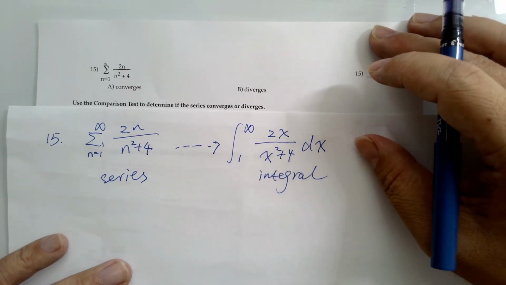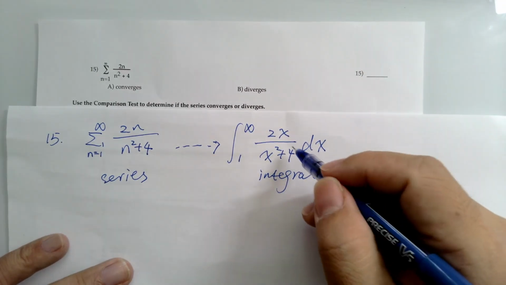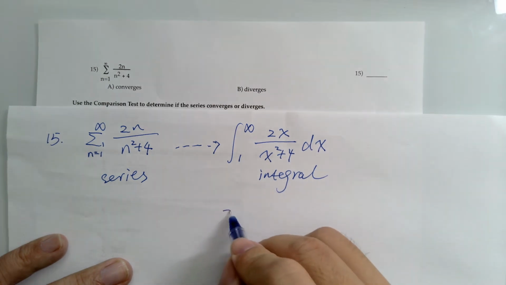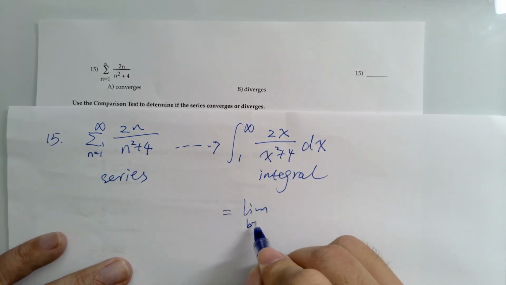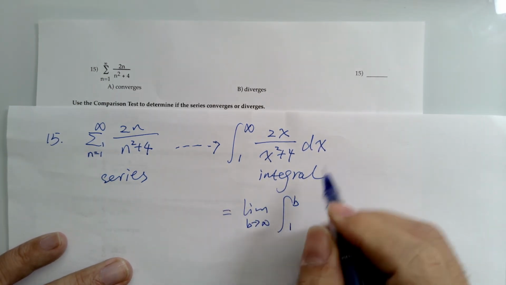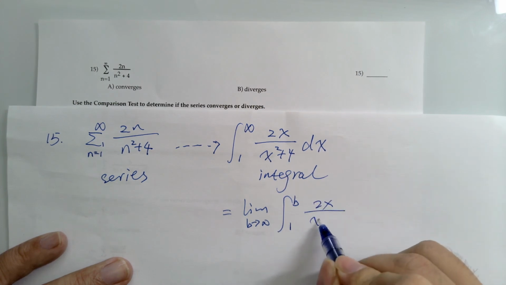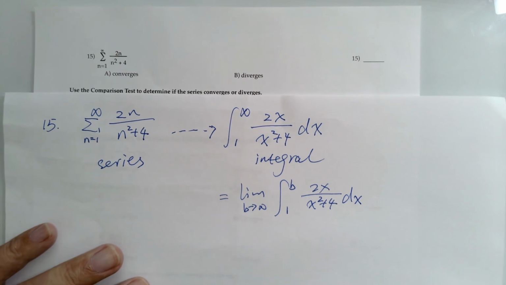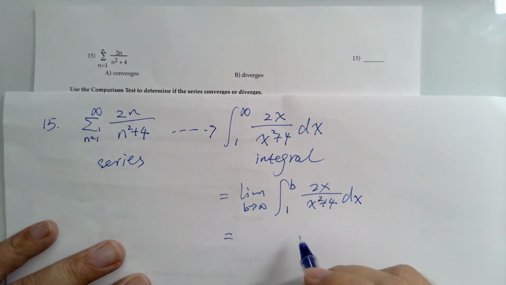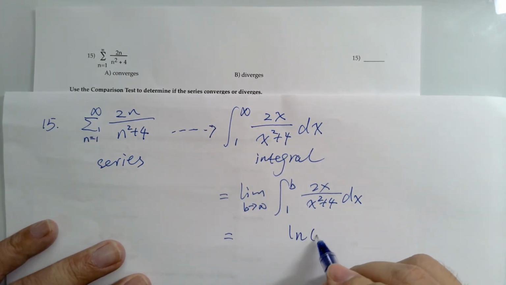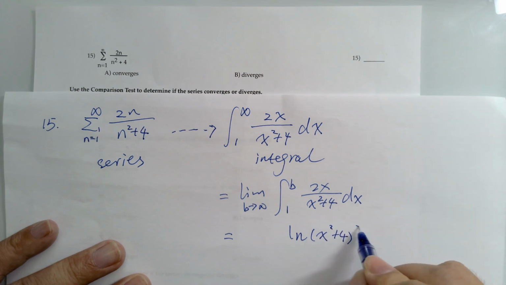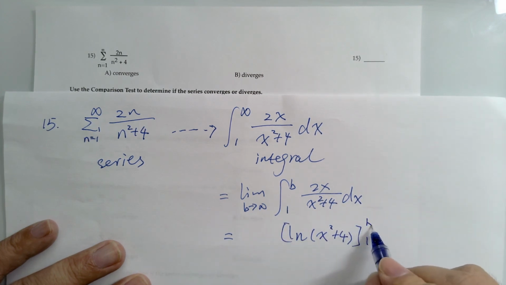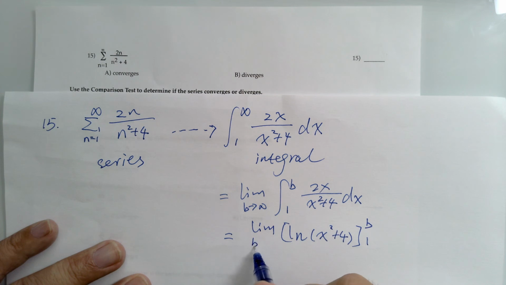Now, what can we do? This integral, as you can see, is an improper integral, the integral of 2x over x squared plus 4 dx, so you can evaluate it super easily. This is basically ln of x squared plus 4, from 1 to b, with the limit as b goes to infinity.